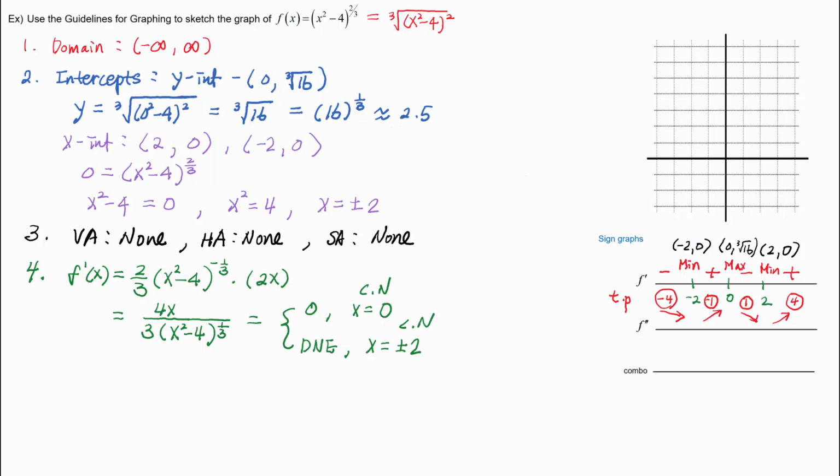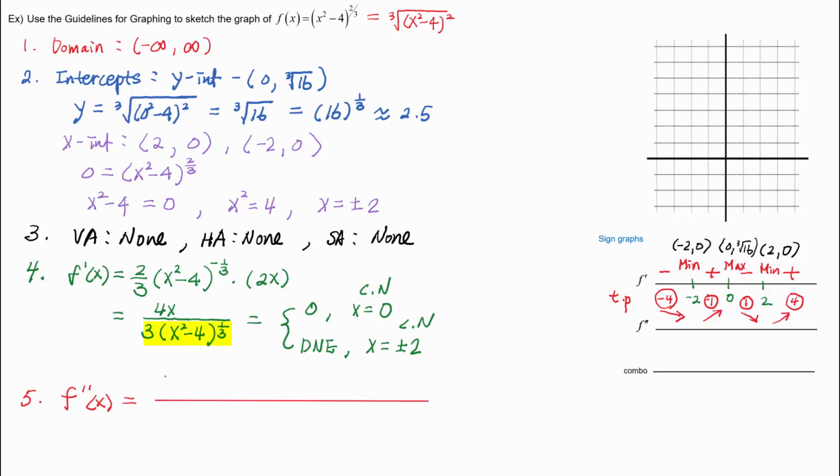Now let's find the f double prime of x, and we can find the points of inflection, and also find the intervals of concave up and concave down. So number 5, our f double prime of x equals... we're going to take the derivative of f prime of x, and we're going to use the quotient rule.